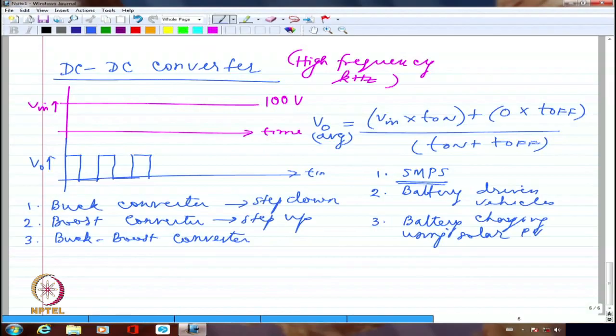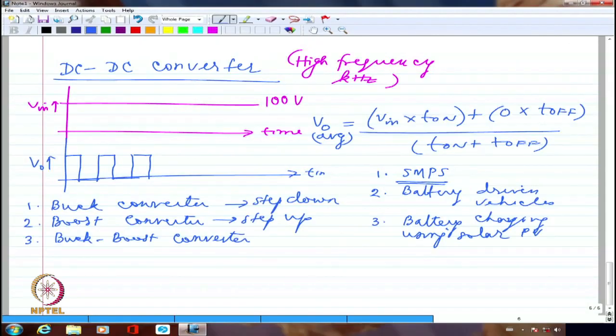So I may have to step up the voltage or step down the voltage. Whenever I have a huge variation in the voltage, whereas the output voltage I require is somewhere in the middle, I would like to use a buck boost converter.